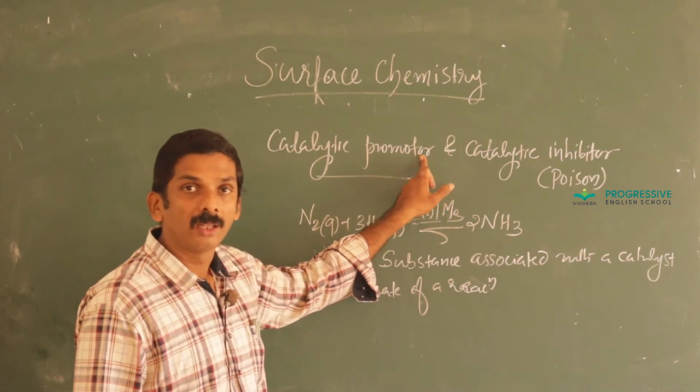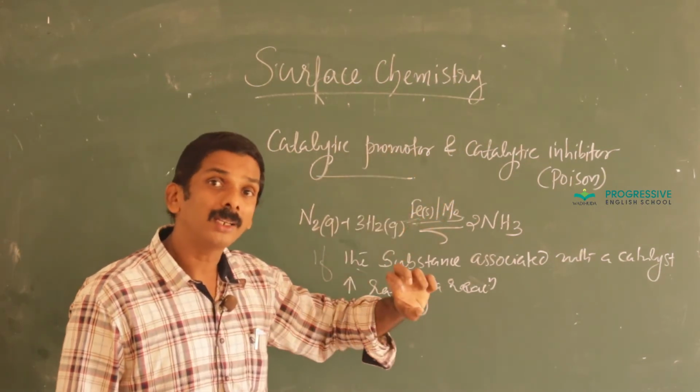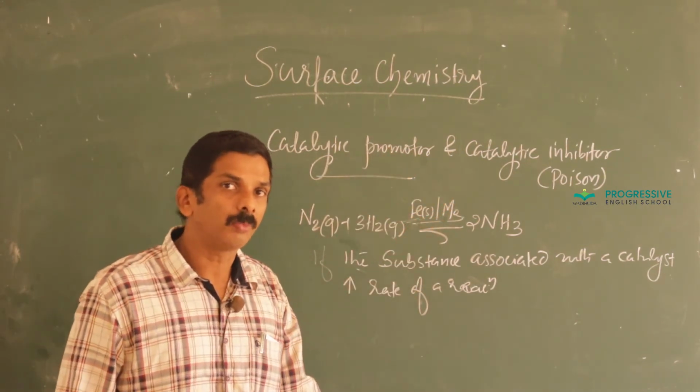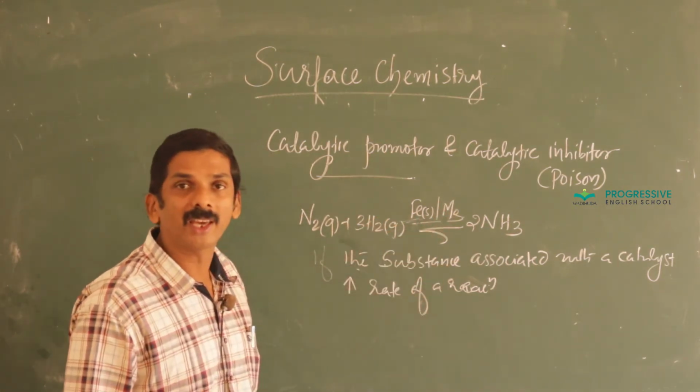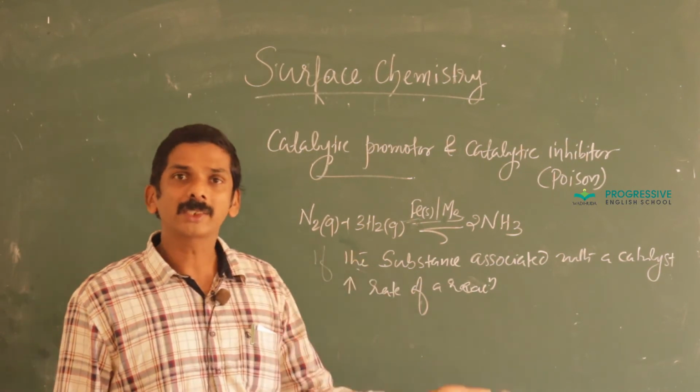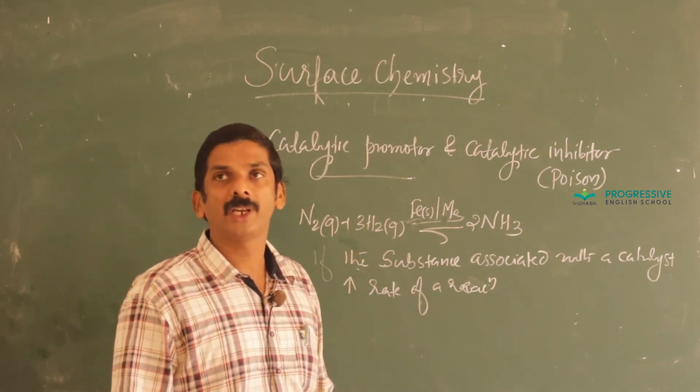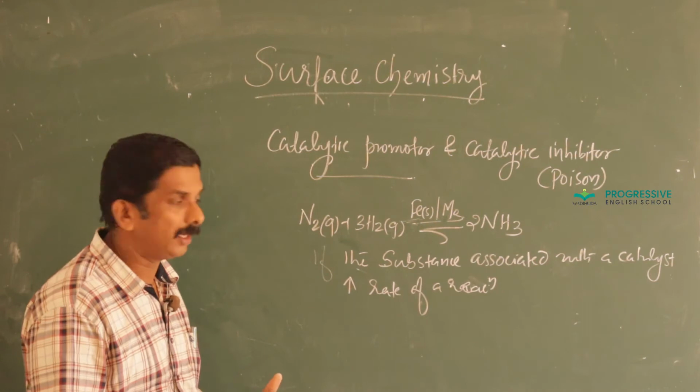Okay? In the earlier case, the catalyst itself increases the rate, and it is called a positive catalyst. Here, the substance associated with the catalyst increases the activity, increases the rate of a reaction.